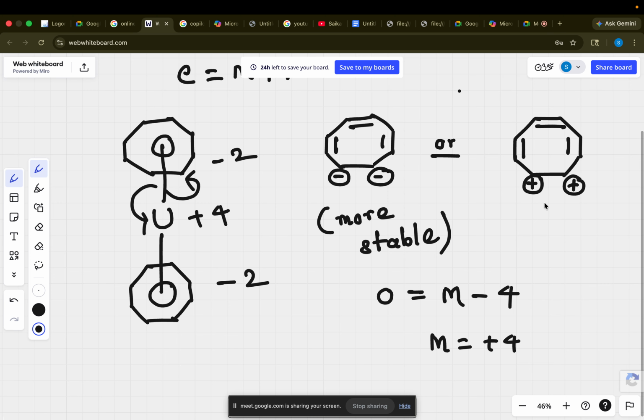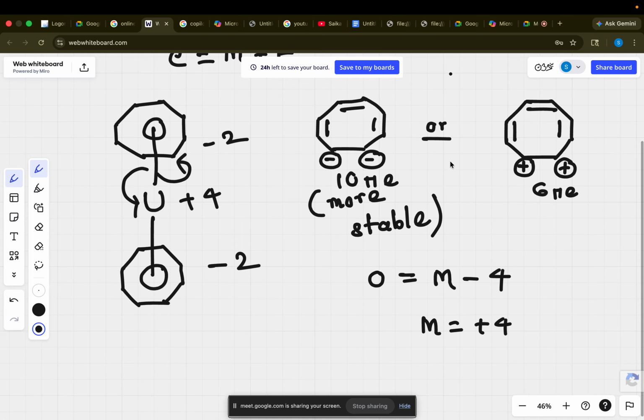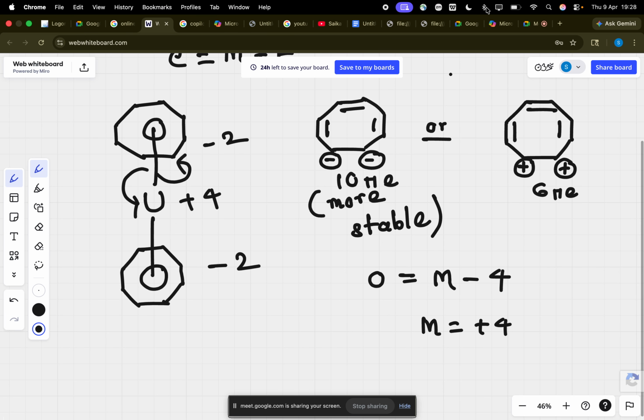This is also aromatic, this is also aromatic, but when they did a computational study, they saw that this compound is more stable compared to that. Tell me any doubt in this example. No doubt? Okay, fine.